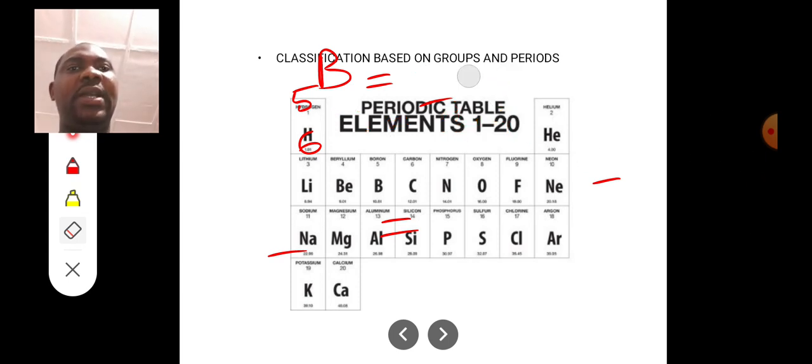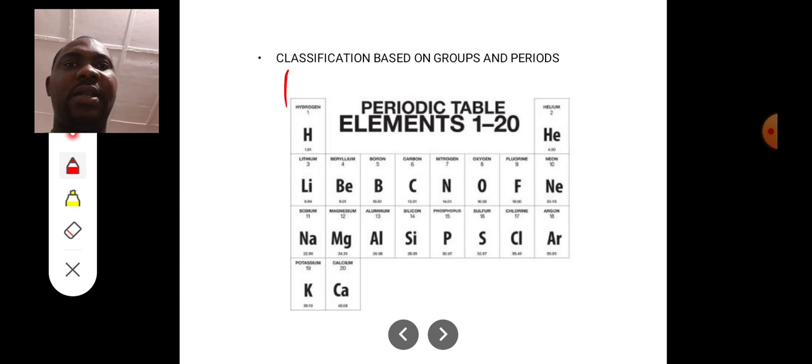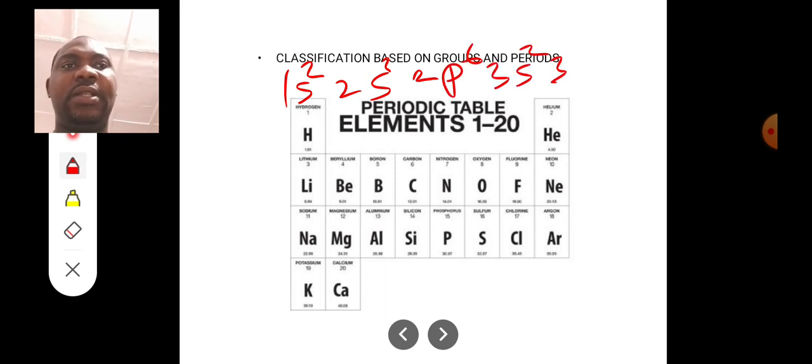Now somebody might ask, how do I know the shells when I'm given the electronic configuration based on orbitals? Like I'm given something like this: 1s2, 2s2, 2p6, 3s2, 3p3, and I'm asked what group and period this element is.